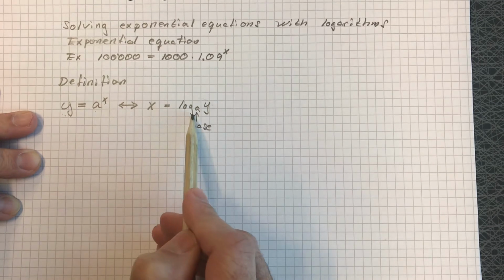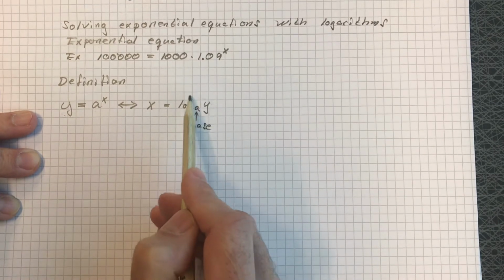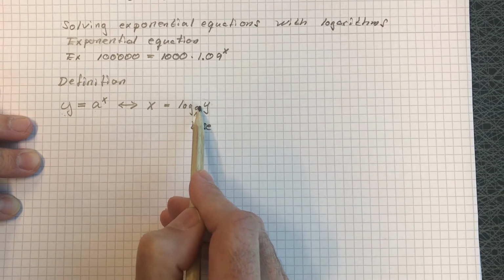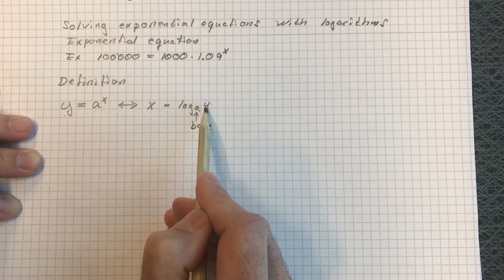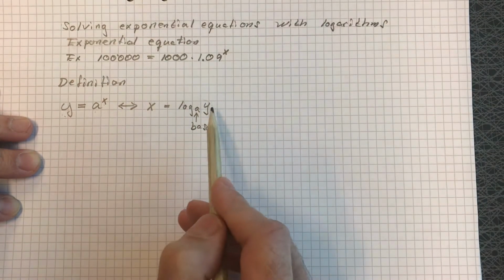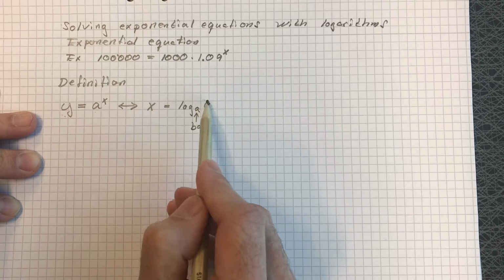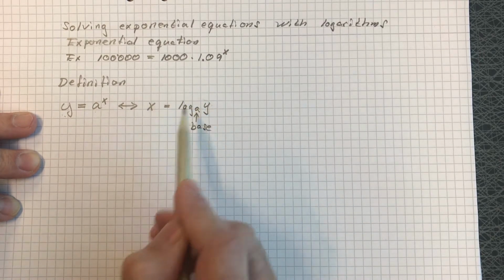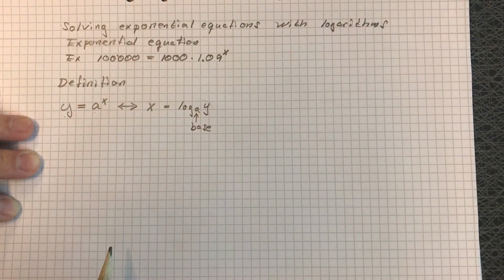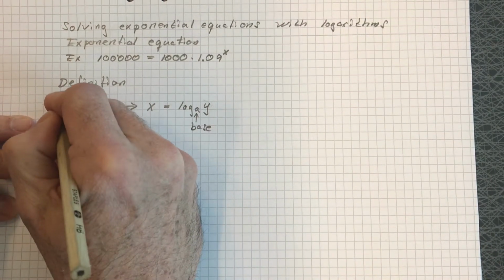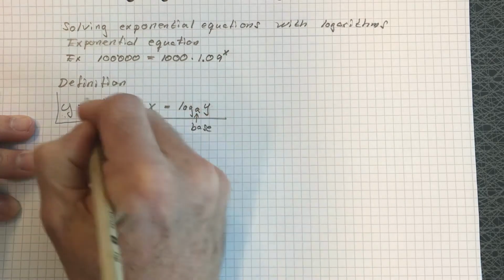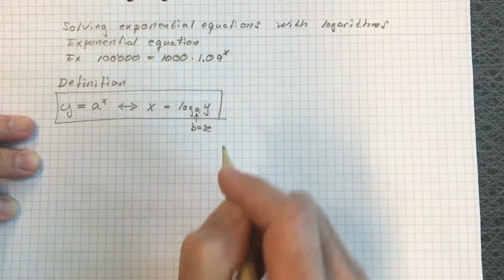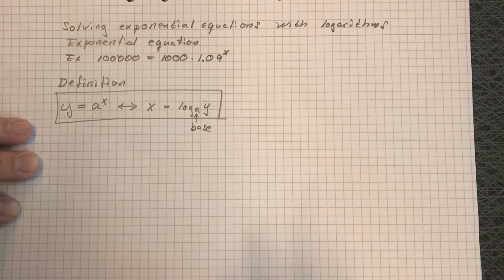This number is the number that you will take in exponent to base a to get y. You almost have to say it many times to realize what this way of writing it stands for. So it's a very good definition. We square it like this, and we will use it.